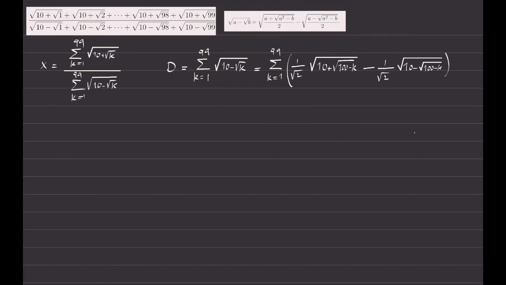And now I split my sigma into two sigmas. So the first sigma will be 1 over, I flip the constant number out, it's a multiplicative constant, so from 1 to 99 of the first compound radical, plus minus the second one, similar.